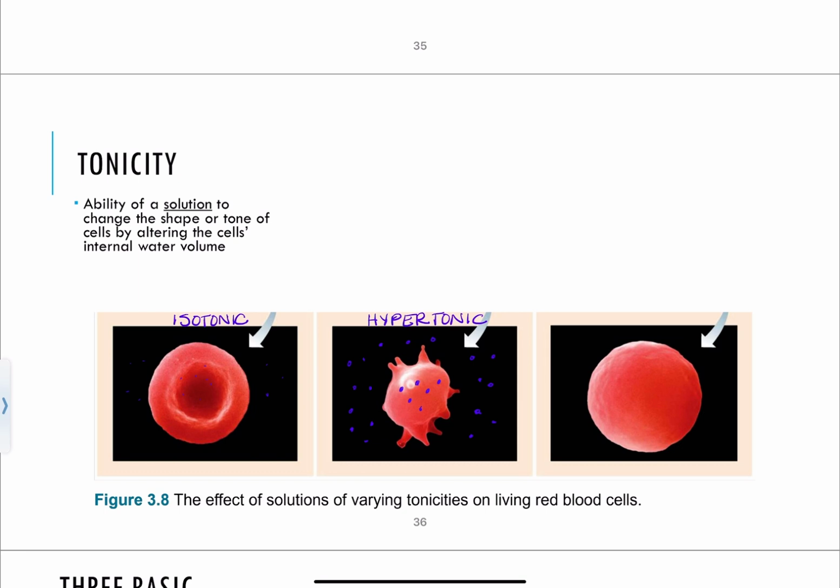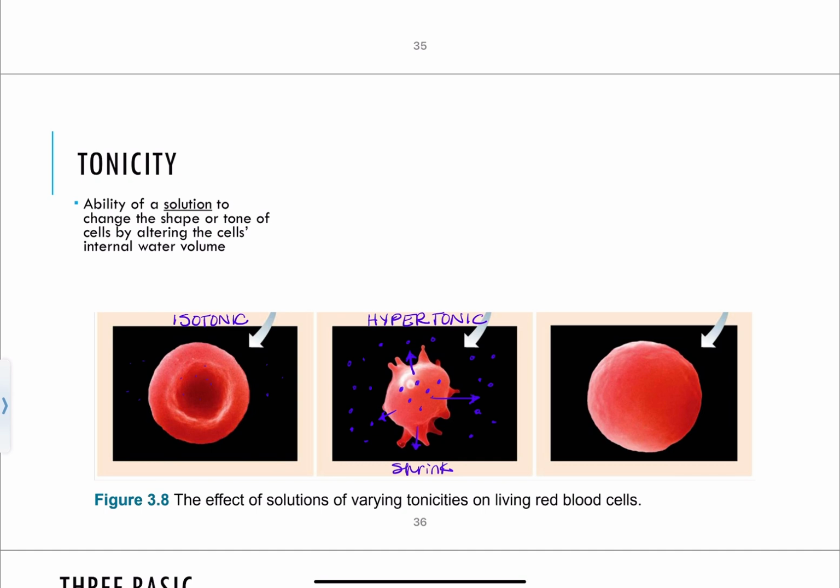Water is going to want to move to the area of higher concentration. So water is naturally going to flow from the inside of a red blood cell to the extracellular space to try to even out those concentrations. When it does this, it's going to cause the cell to shrink, and it can shrivel and die if it's placed in an extremely hypertonic solution.